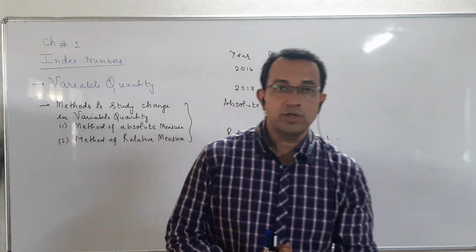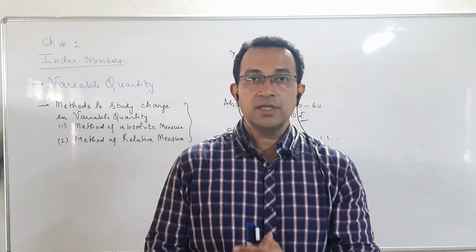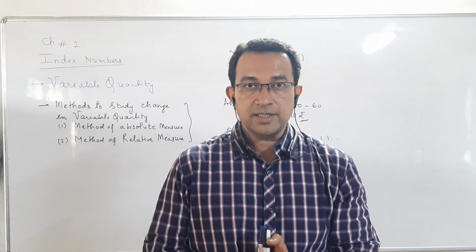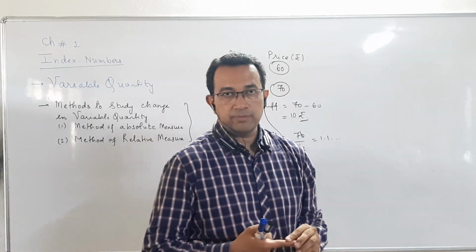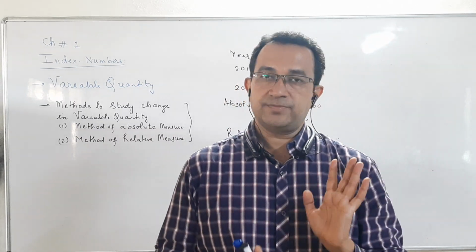So students, coming back to the theory, all of you please try to understand very perfectly. What is a variable quantity? A quantity which varies with respect to time is called a variable quantity. How many methods are there to measure change in a variable quantity? 2. Method of absolute measure and method of relative measure.